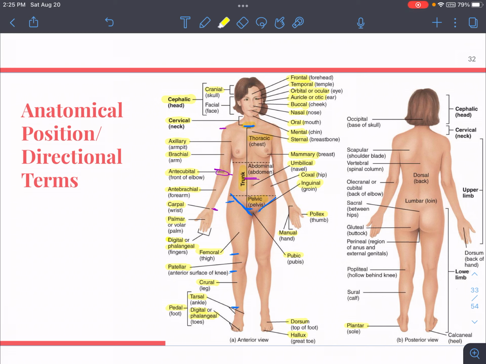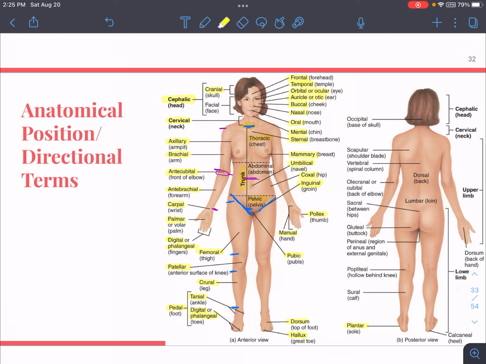And on the back side of the body, we have the occipital area. That is also named for a bone in the skull. The occipital bone is the base of your skull. So that area is actually named after the bone there. Scapular. That is also named for the bone, because we have our scapula in this area.